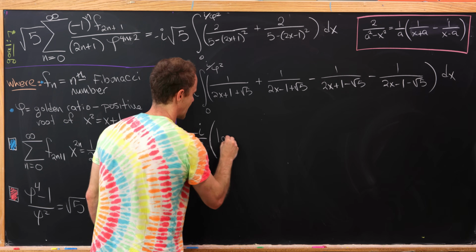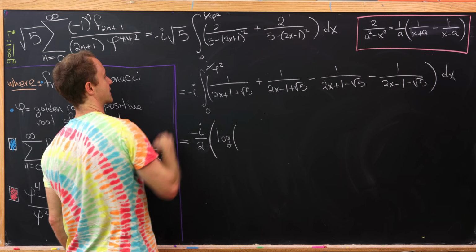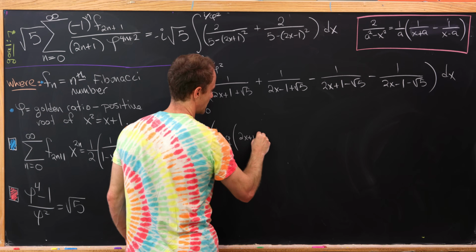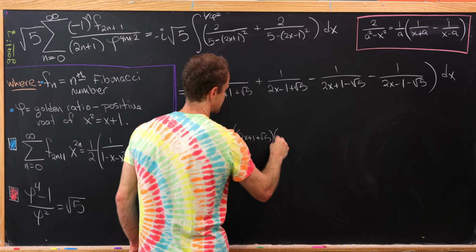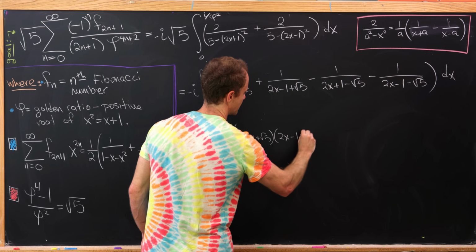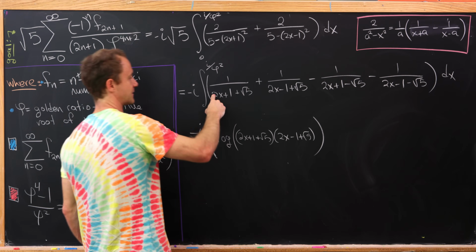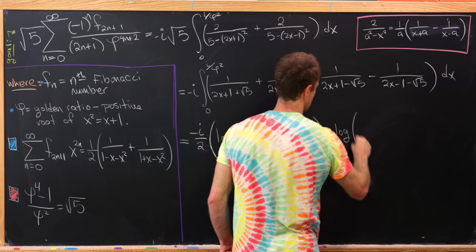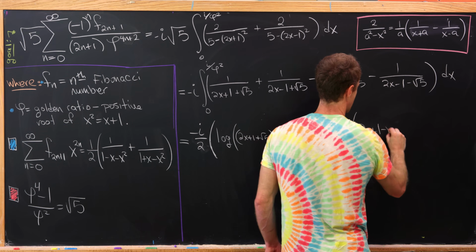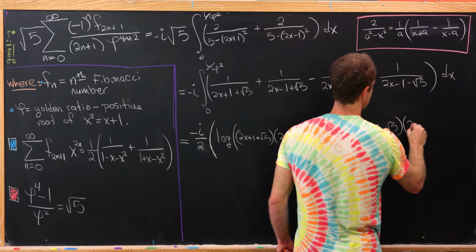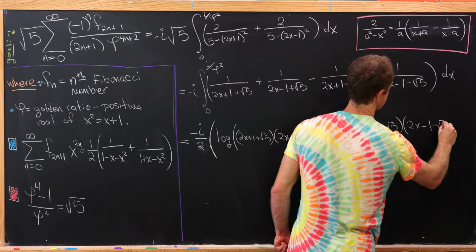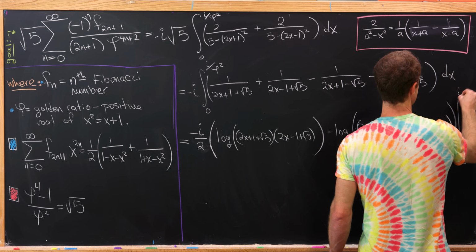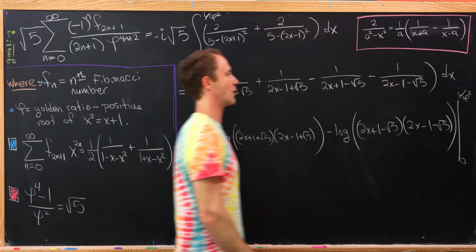I'm going to actually write that as log because we're about to work with complex numbers, of 2x plus 1 plus root 5 times 2x minus 1 plus root 5. That's from the ones with a plus. And then minus log of 2x plus 1 minus root 5 times 2x minus 1 minus root 5. And then we're going to evaluate that from 0 up to i over phi squared.